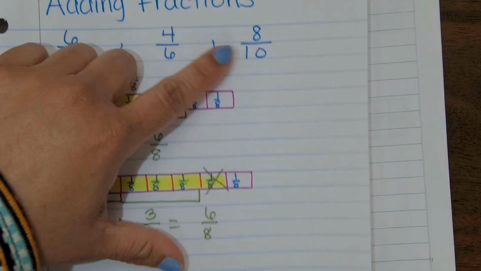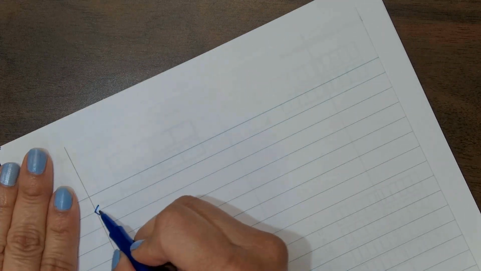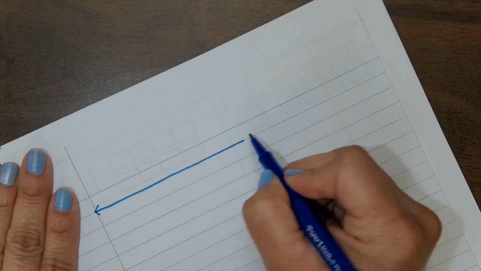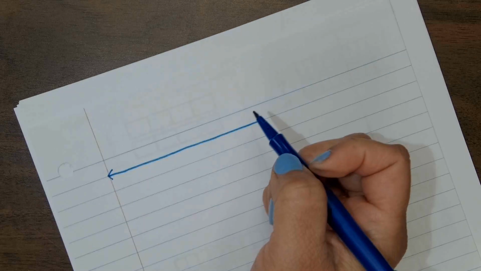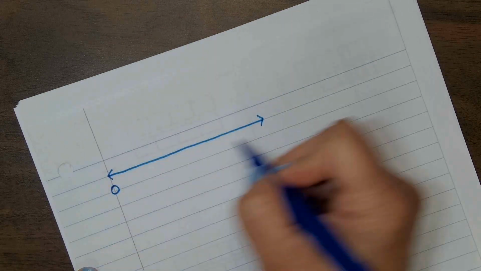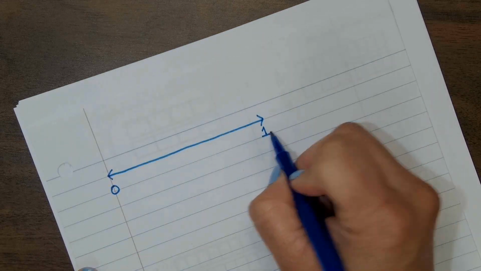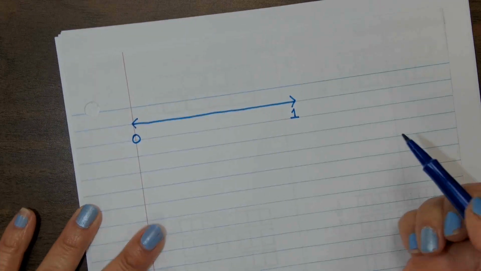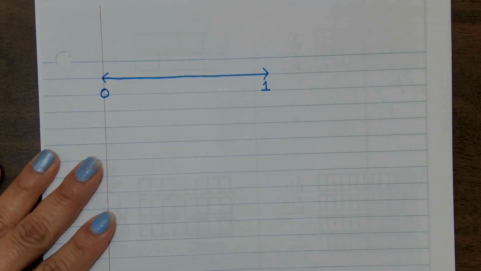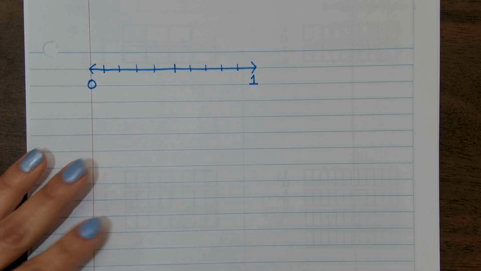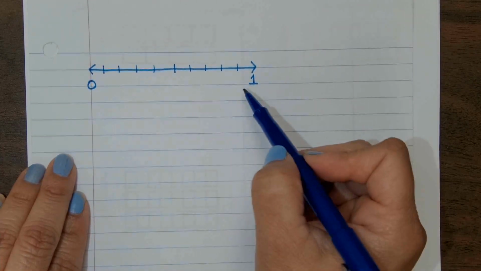Okay, now let's do our last one, which is 8/10. So 8/10, let's draw a number line. We're going from 0 to 1, and my fraction is 8/10. So I'm going to break up this number line into 10 pieces. There I broke up my number line into 10 pieces.